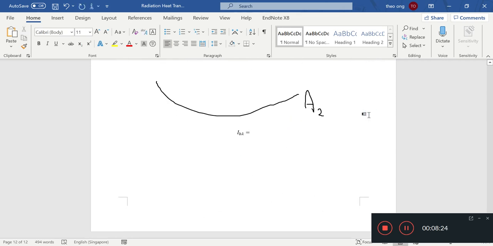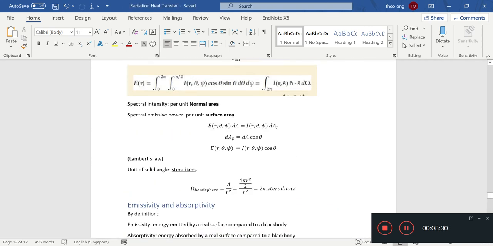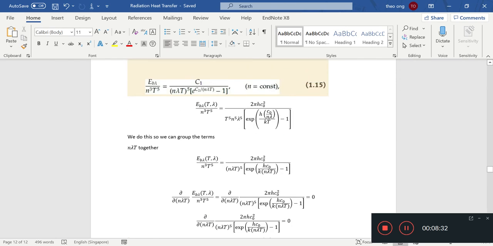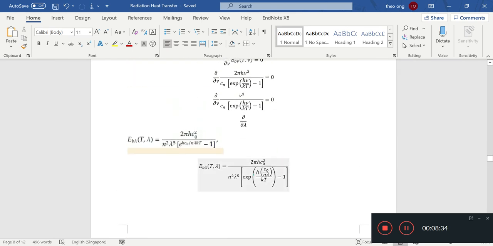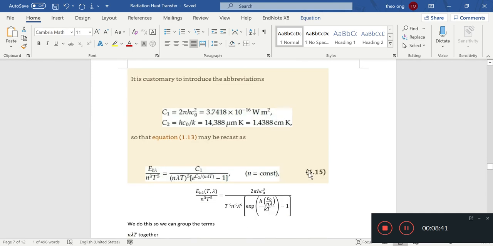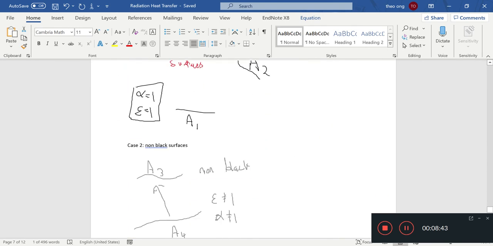We have to note that I_B lambda is this much. And where is E_B lambda? E_B lambda is based on this, remember quantum physics, it will give you that expression.